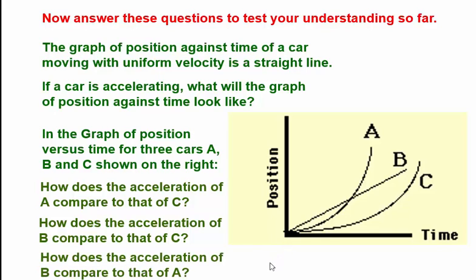How does the acceleration of B compare to that of A? In other words, you write three sentences comparing the acceleration of these three cars, comparing the acceleration of one with respect to the other. All right? If you want the answers, continue watching.